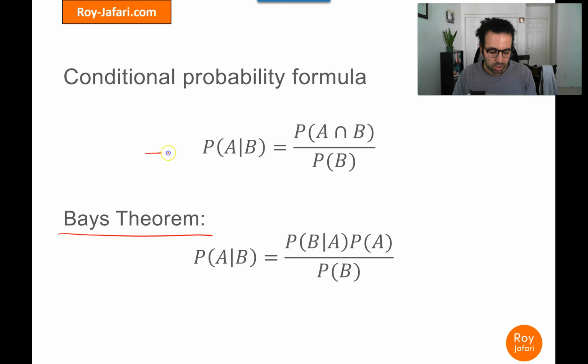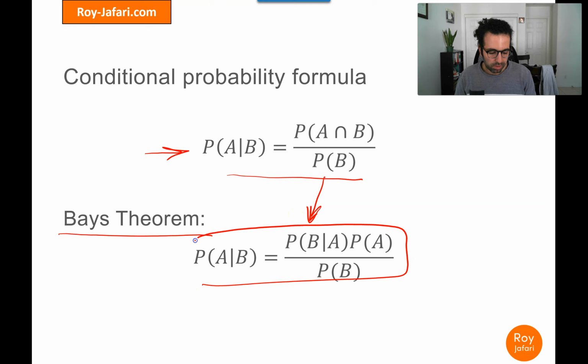We've got the conditional probability formula, which is the probability of A given B is equal to the probability of A intersect B divided by the probability of B. You can use this formula, which is the conditional probability, to prove this one. Here we're going to use this formula, assuming that it is correct, for finding the class of the state object.